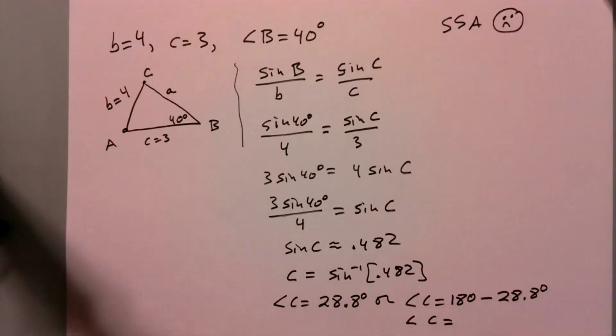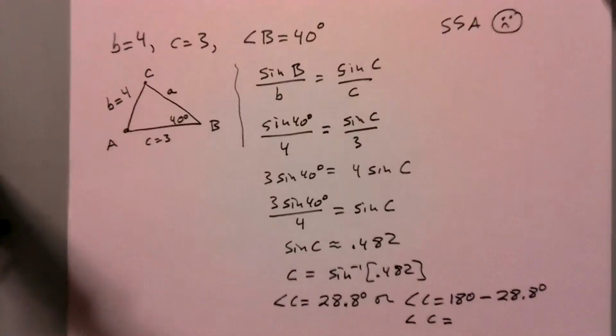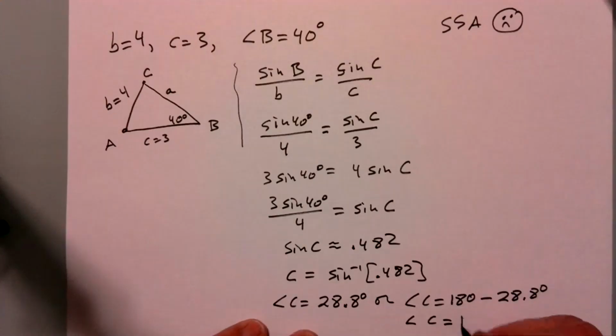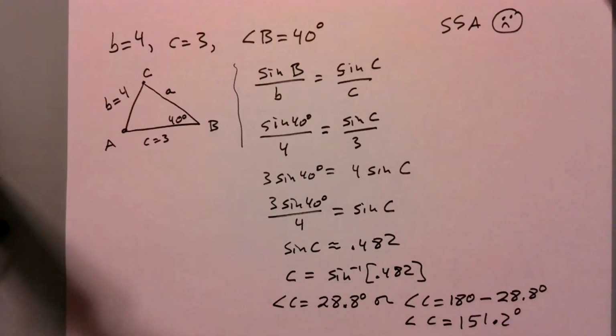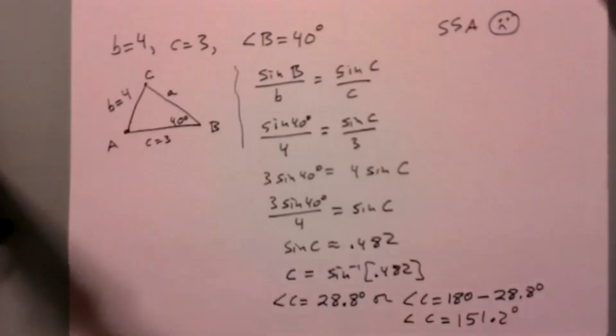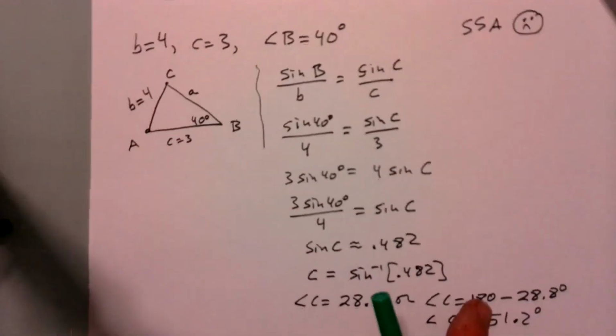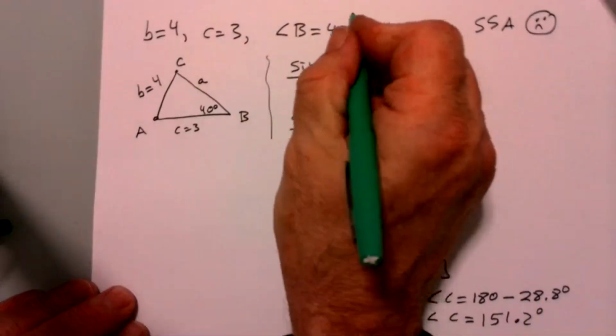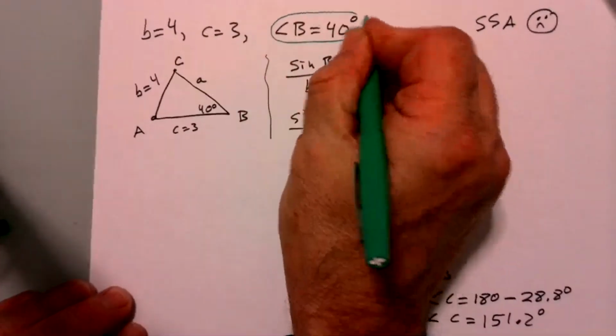What does that make angle C? 180 minus 28.8, I get 151.2. Is 151.2 possible in this problem? No, because you'll notice angle B up here is 40 degrees.